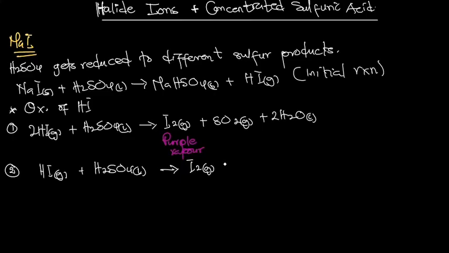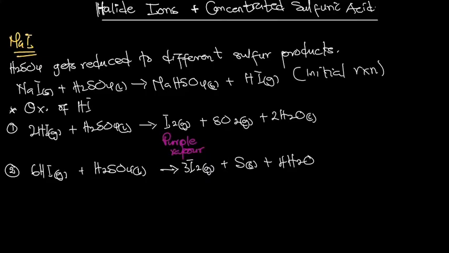But then we are going to see the yellow crystal, which is going to be sulfur. And then we'll have water. To balance this, I'm going to put 4 here, then I'll have 3 here, and over here, I'm going to put 6.